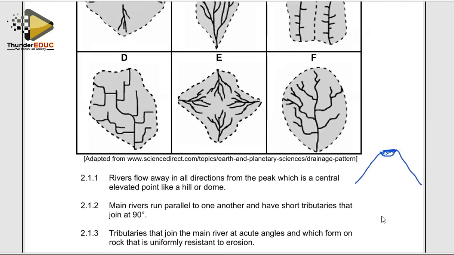And rivers are starting from the top, flowing in all directions from the focal point, which is high lying. Which one best describes this scenario of streams flowing from a highly central point into different directions? That qualifies to be E.